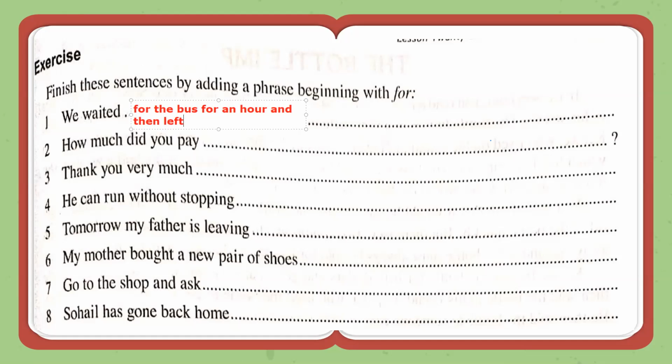We waited for the bus for an hour, and then left, or then we left, you can say right here. Many students just write only we waited for you. It is good, but if you write the complete sentence, it will be better for you. We waited for the bus for an hour and then we left.